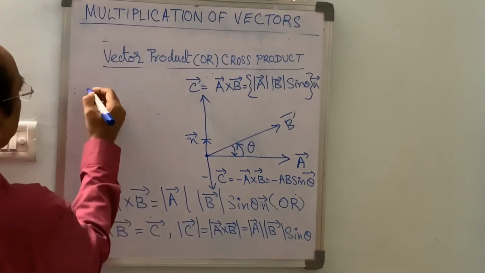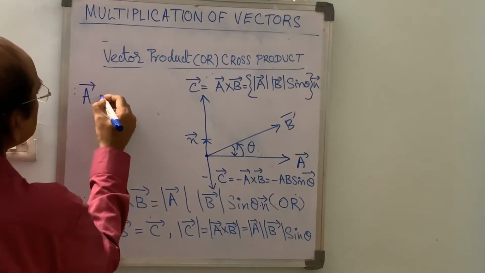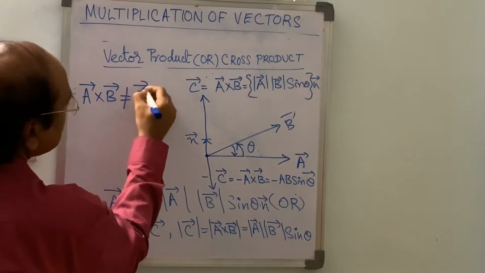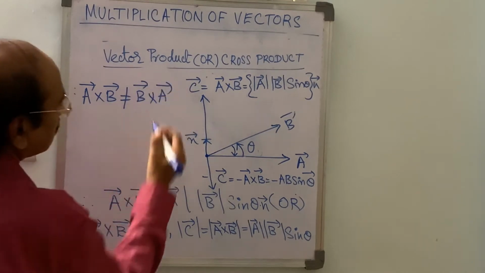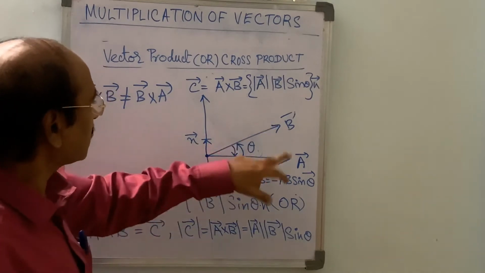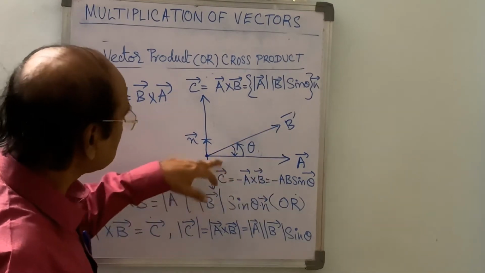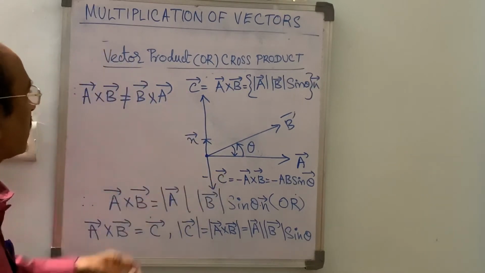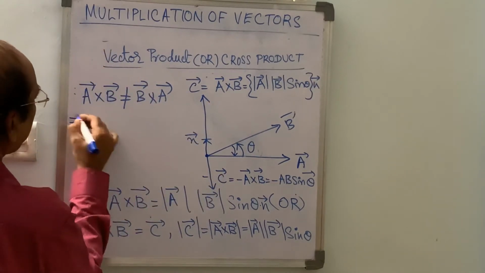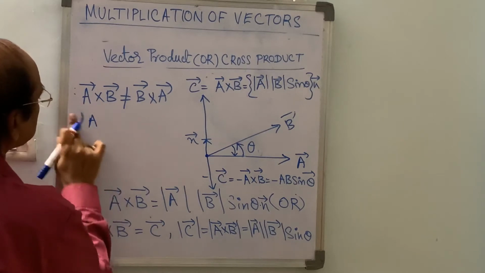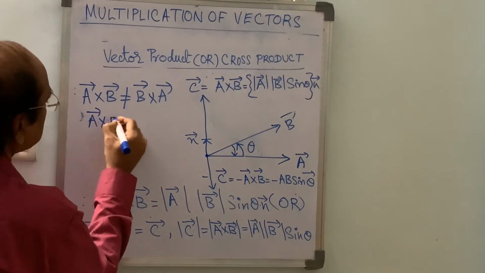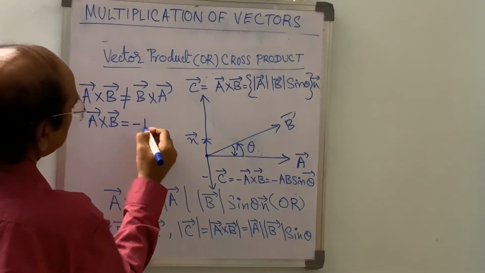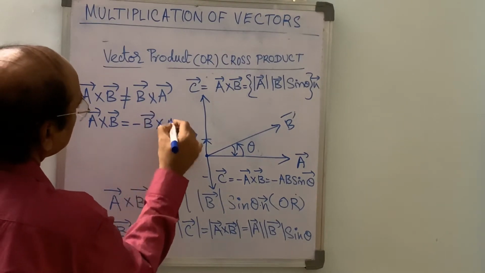So here a bar cross b bar is not equal to b bar cross a bar. But when we consider the direction b bar cross a bar, then it is in the opposite direction, so the negative vector of c bar. Therefore, a bar cross b bar is equal to, from the figure, minus of b bar cross a bar.